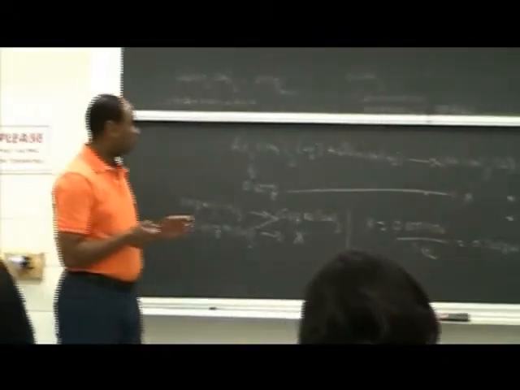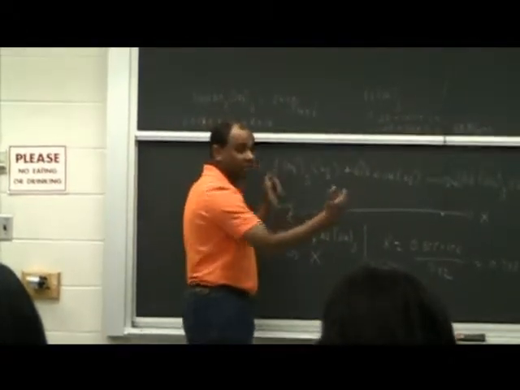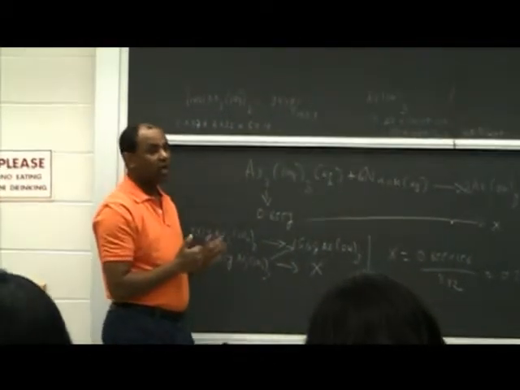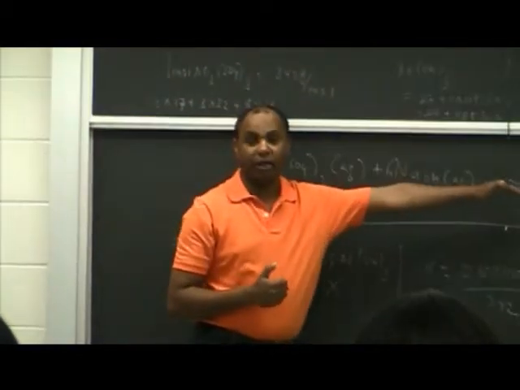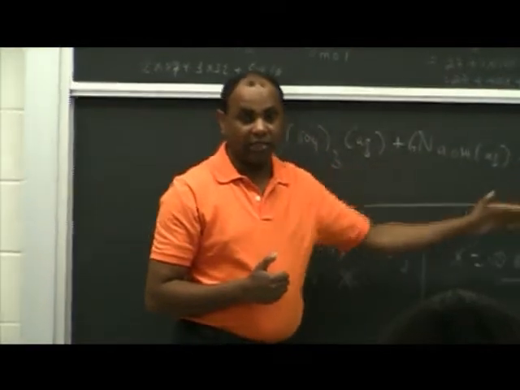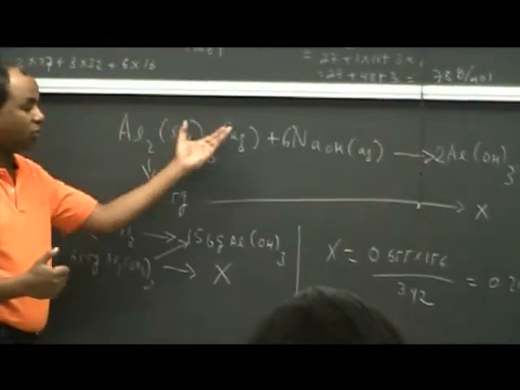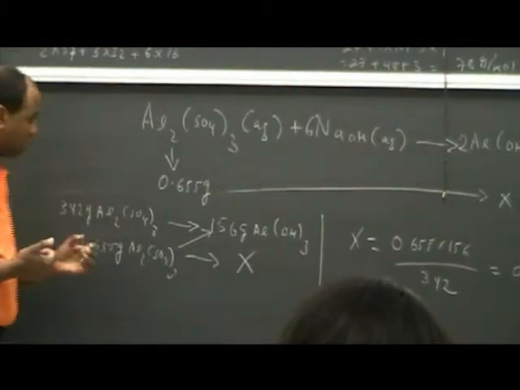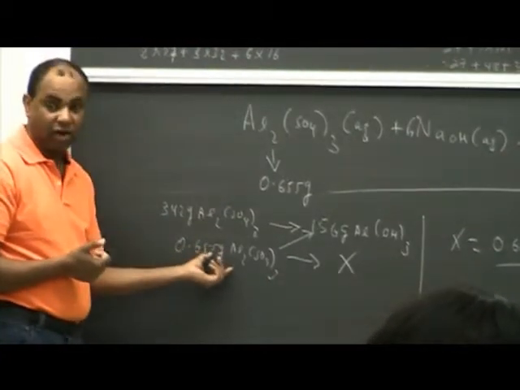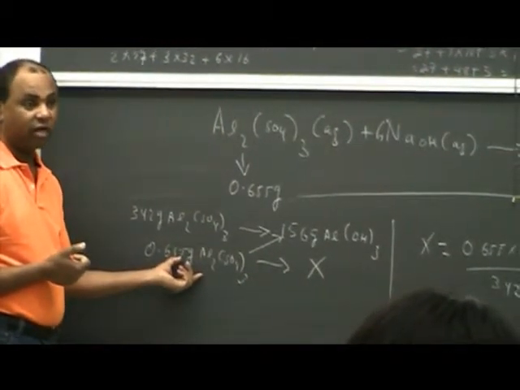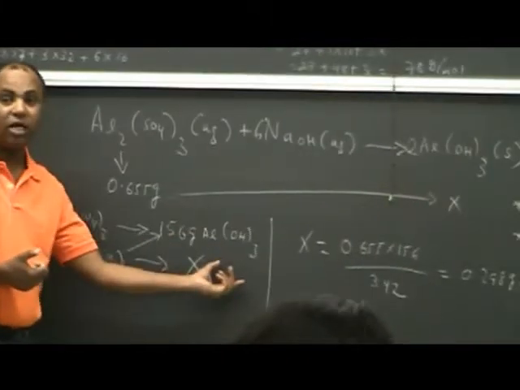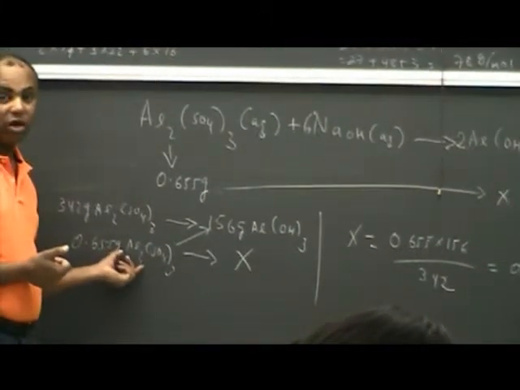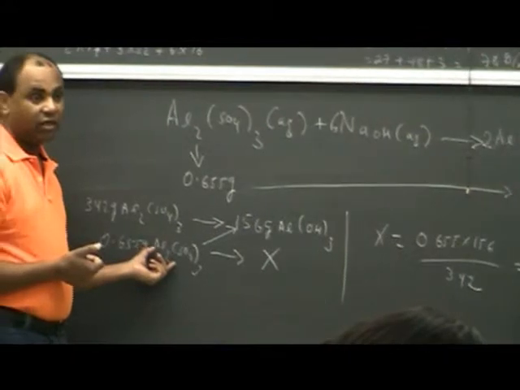So the very first step, we balance the chemical equation and we compare reactants to products using their respective molar masses. Then we look at the given value and see how much product we get from it.